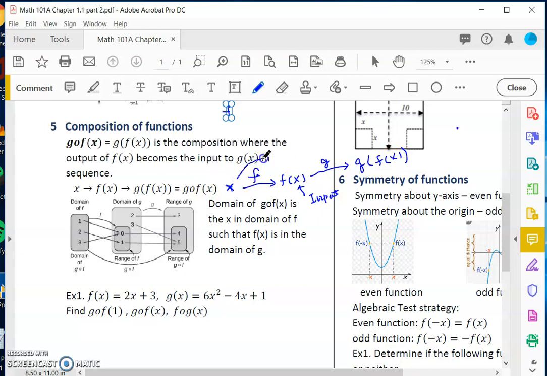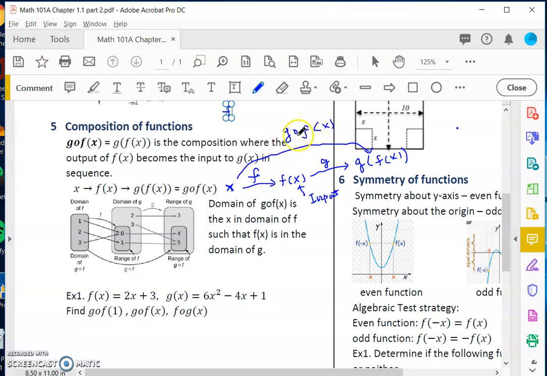So this whole thing from x to g of f of x is called g of f. Notice how the order switches. You start off actually using the f function, the one that is closest to x, and then you use the g function to calculate.